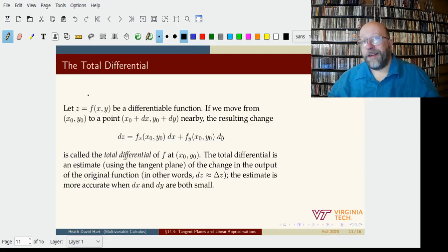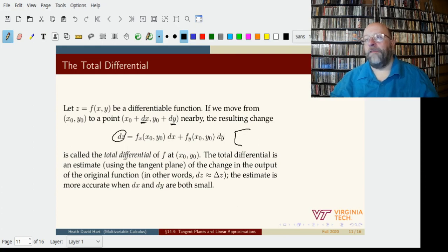This is another way of writing the idea. For a differentiable function, let's say we have a function that has partial derivatives everywhere. If we move from x naught, y naught to another point where this is the change in x and the change in y, then the approximate change in z is the slope in the x direction times dx plus the slope in the y direction times dy.